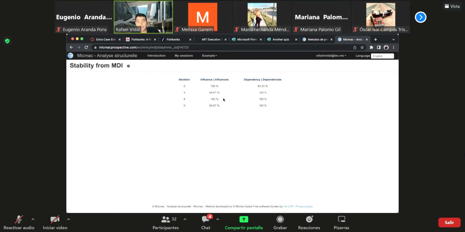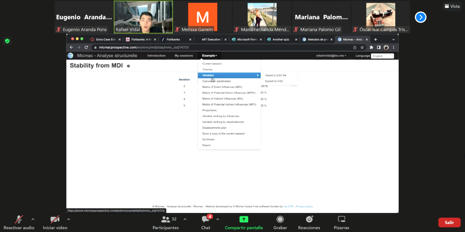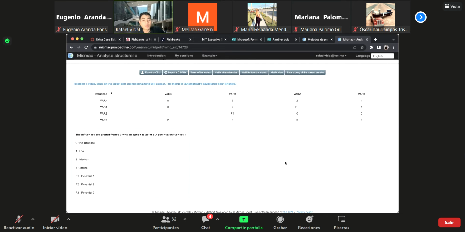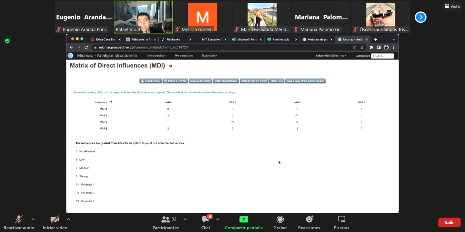What to do in these cases? I told you if you have a 20% margin, that's fine. However, that's more than 20%, so go here to your matrix of direct influences. Since I have a lot of uncertainty here, P1, I have 0 here, and I have really low influences. That's why I won't reach stability. So if this happens to you, try to think of other variables that are more influential or dependent on other variables.